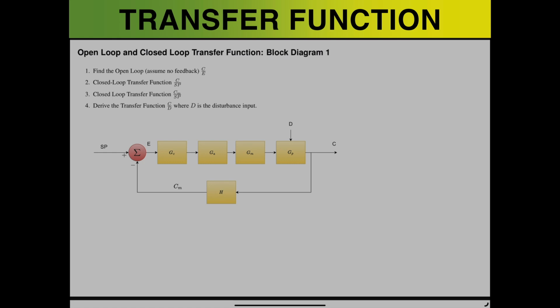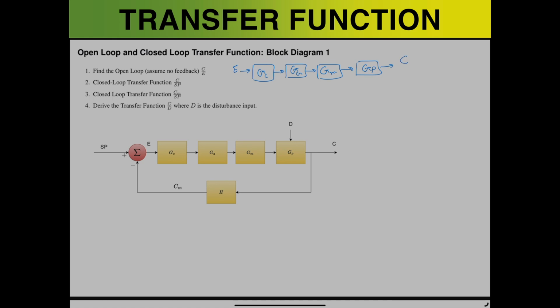However, for the open loop, what we will need to do is just consider the input coming from the E and not through D. So essentially, this problem can be simplified as just considering the fact that we have E and that feeds GC, which feeds GA, which feeds GM, and this feeds GP.